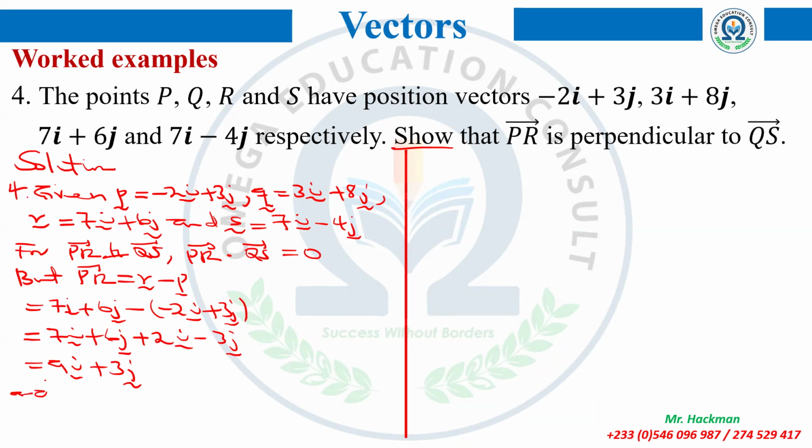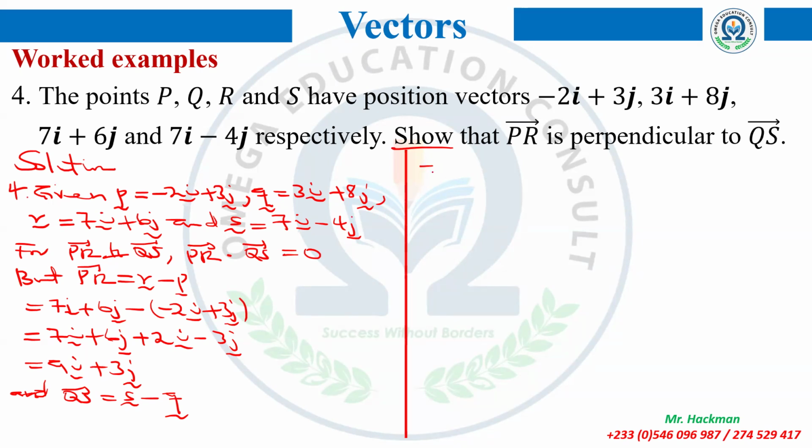And your second vector, which is what? QS. We know it will equally be S tilde minus Q tilde. Daisy, are you there? Hello, Prof. Daisy, are you following? Okay, all right. So now what do we do? We go and substitute and simplify.